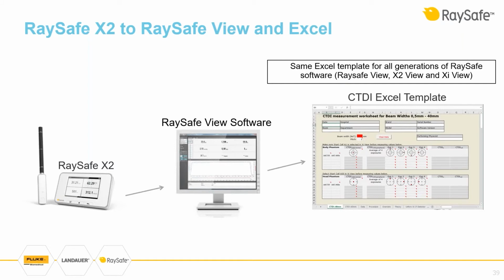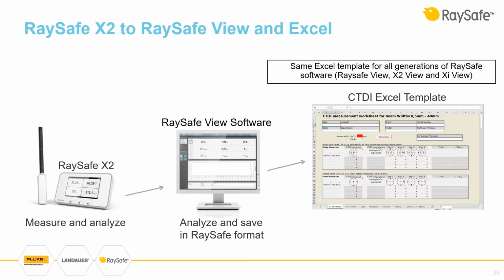The RaySafe X2 system saves and stores all measured data inside the base unit. All the data can be retrieved at any given point, but it can also be transferred to our RaySafe software, RaySafe View.